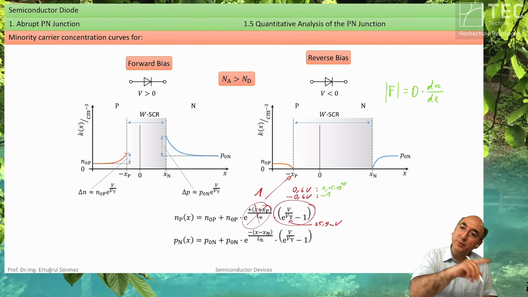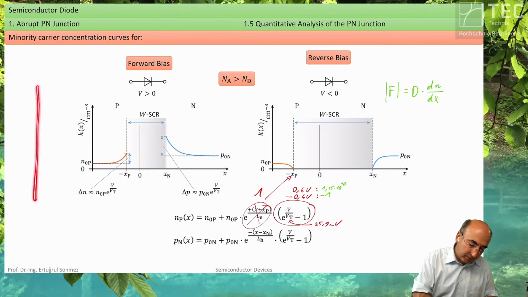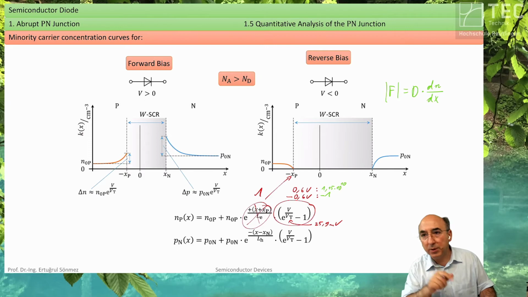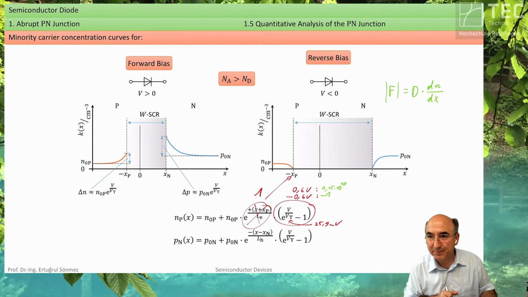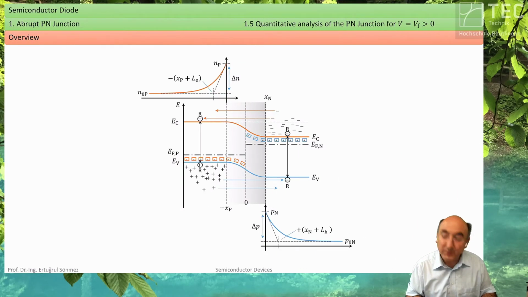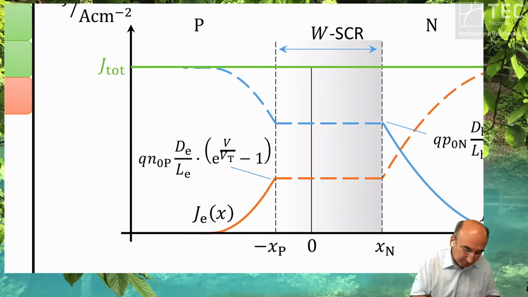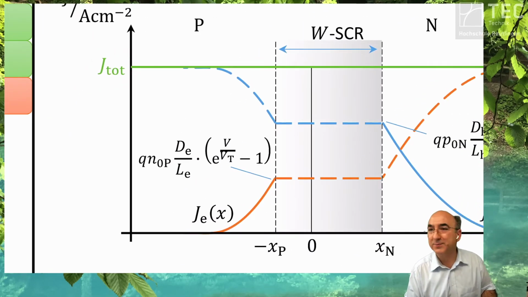And we know from the flow lines that in the bulk, everything is defined by the holes. But what we don't know is what are the flow lines for the majorities. Okay, that doesn't mind. Why? Because of the total current.